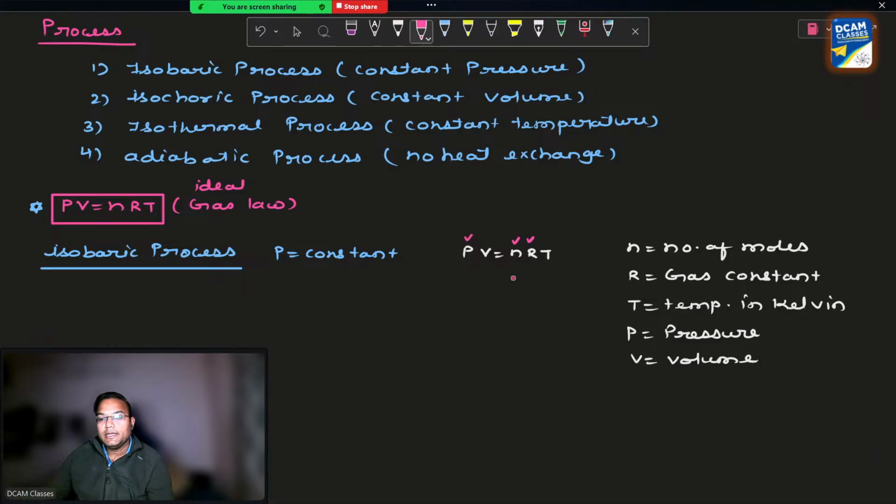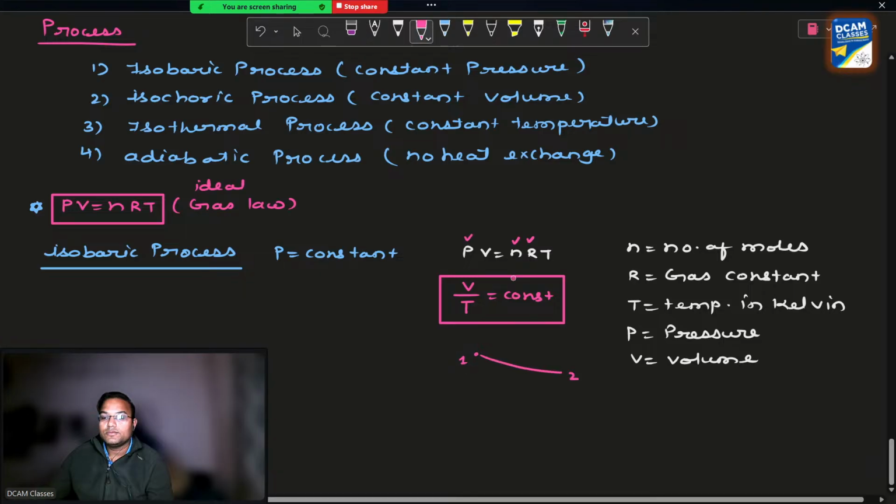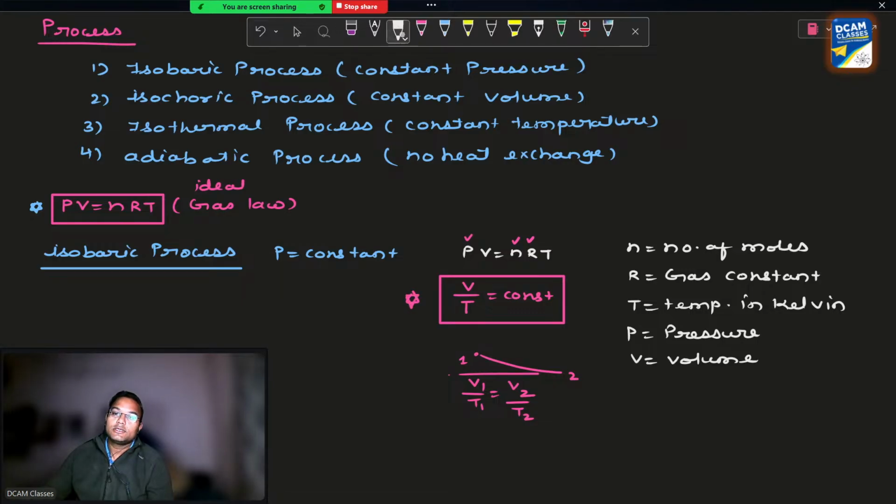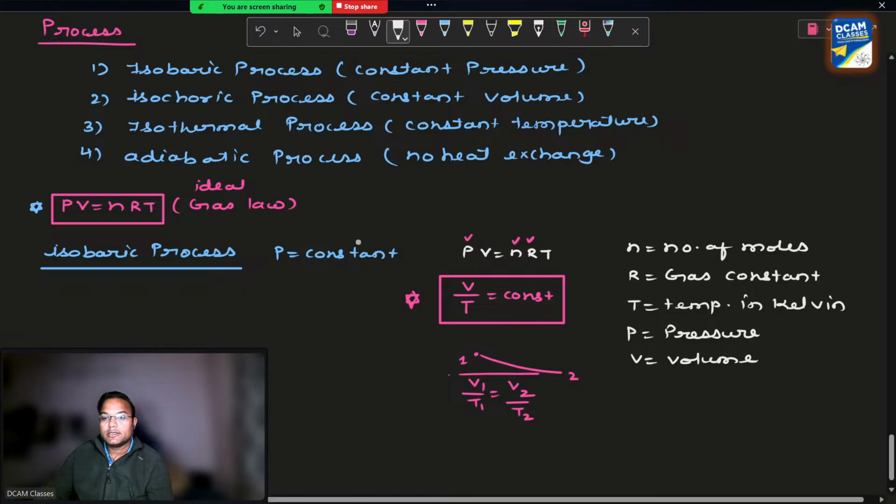So when P is constant, we can write V by T will be constant. So this is the law we can use when in an isobaric process something is moving from point 1 to point 2, then we can say V1 by T1 is equal to V2 by T2 to find the unknown things. This is why I said V by T is constant.